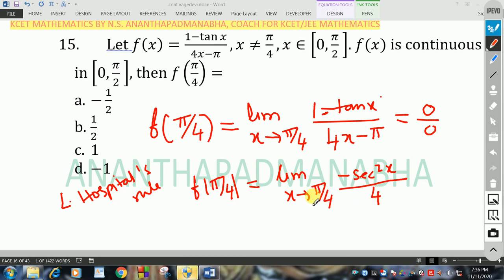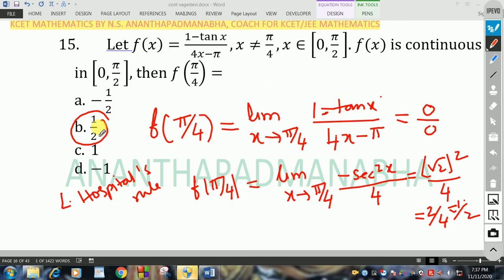When x approaches pi by 4, I will get secant pi by 4, which is root 2. So root 2 whole square by 4, root 2 whole square is 2. So I have 2 by 4, which is equal to 1 by 2. So option B is the right answer for this question.